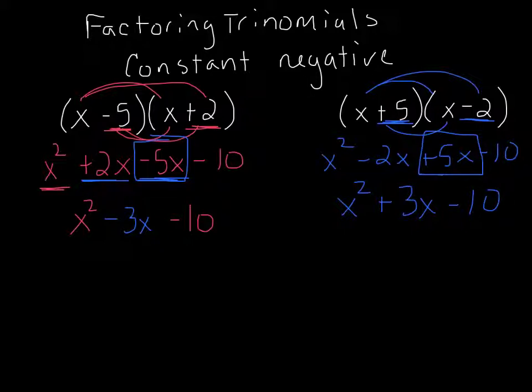All right, so let's get a little clear space here, and let's look at their example. We have x squared minus 8x minus 20. Now, things you know right away. First, you know that both will be x's in the first term.